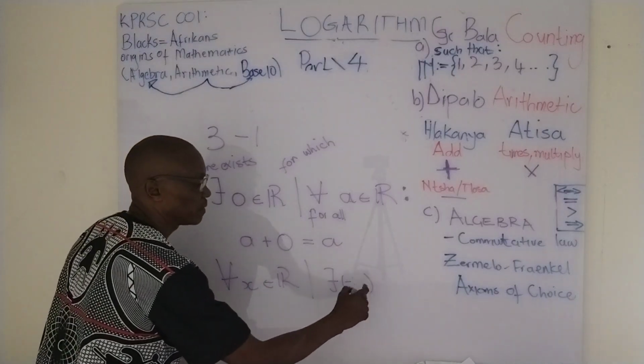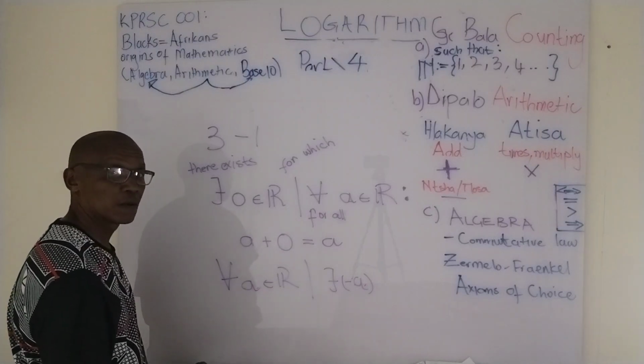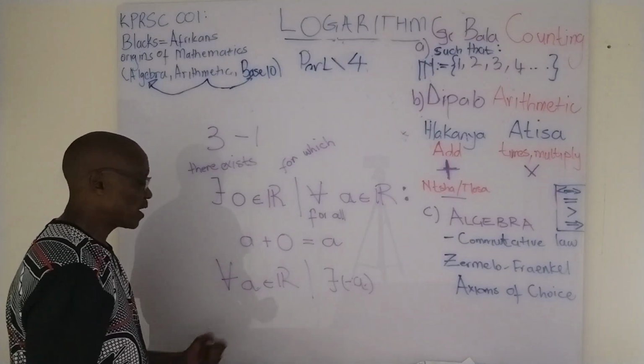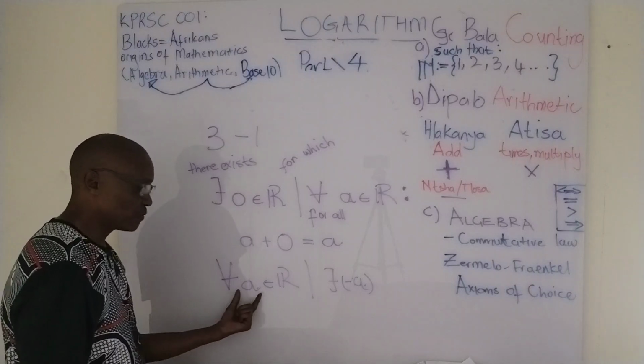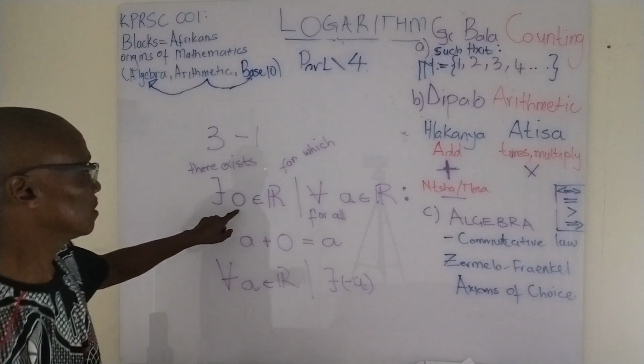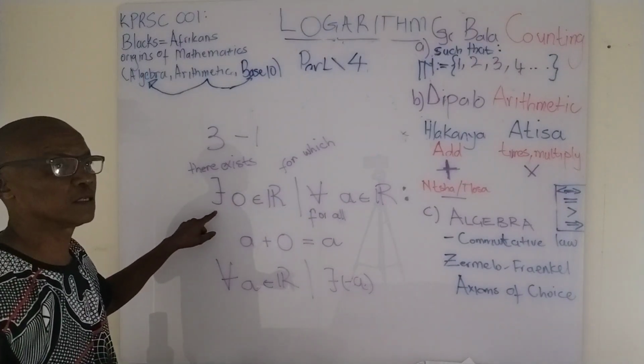Let's use a again. It's just a symbol, right? I'm saying there exists one. That's why I have to start with what? This time I have to start with what already is there. You see, in this case, there was no 0. Now it exists after this. I declare that it exists.